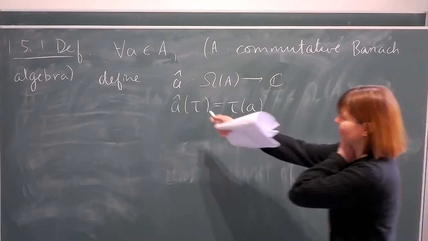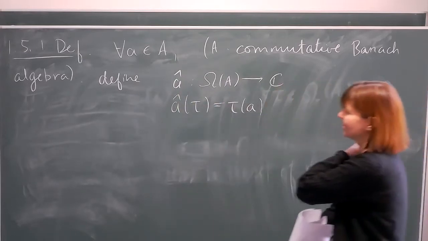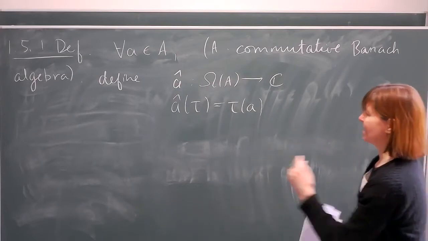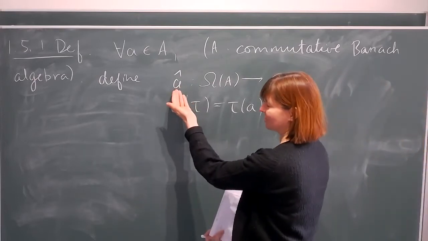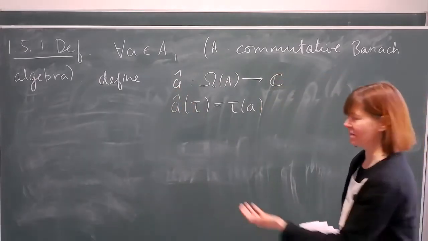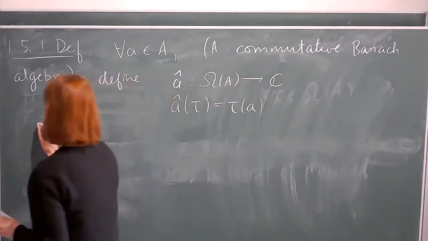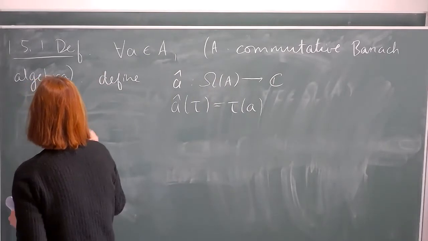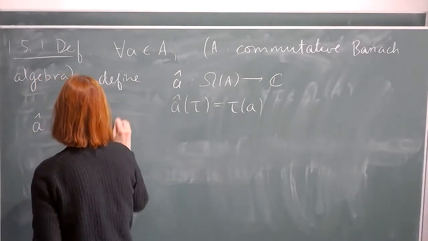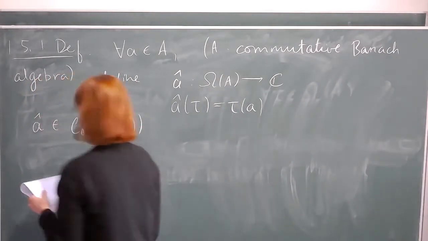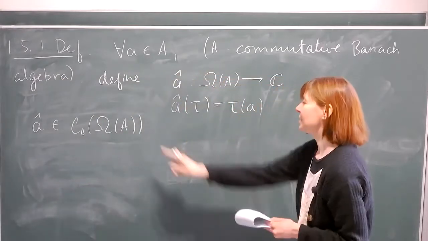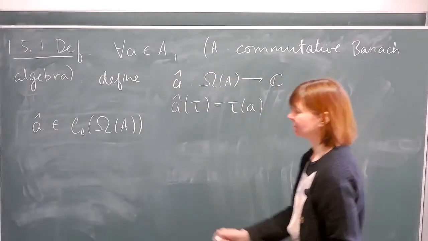So these are functions you'll recognize from the usual dual space. And by definition of the weak star topology, these guys are always continuous. So indeed, we get that a hat is in the continuous functions of omega A.